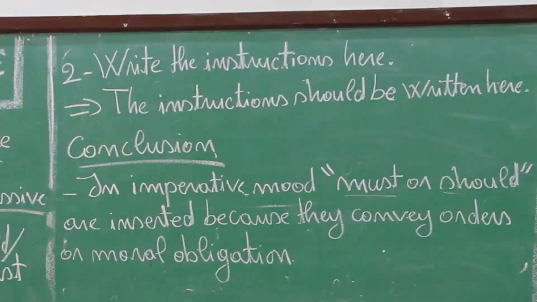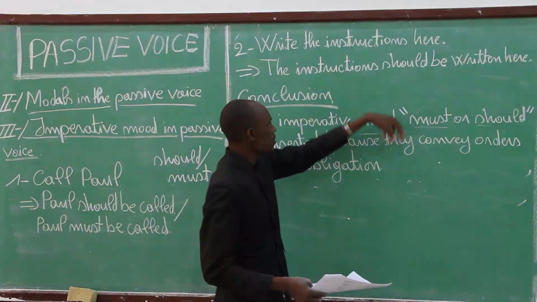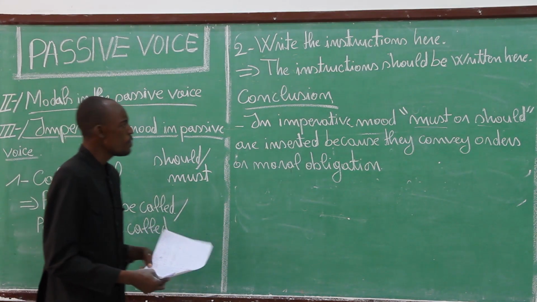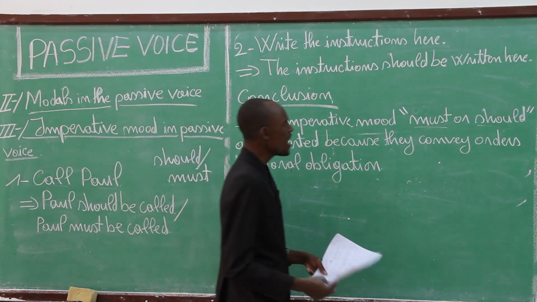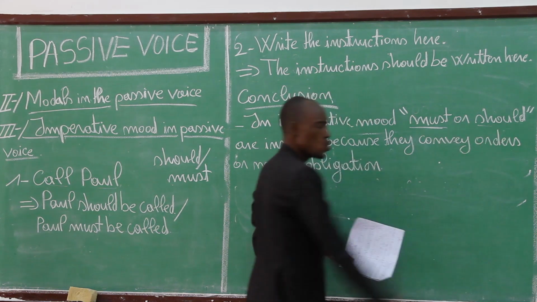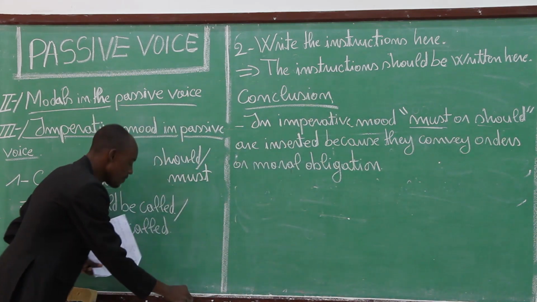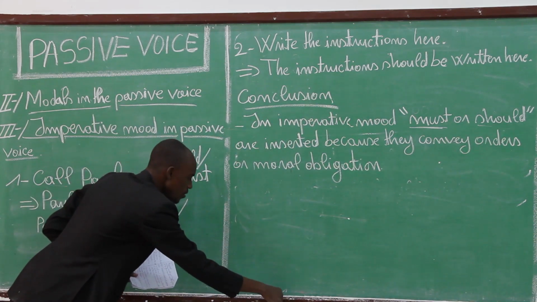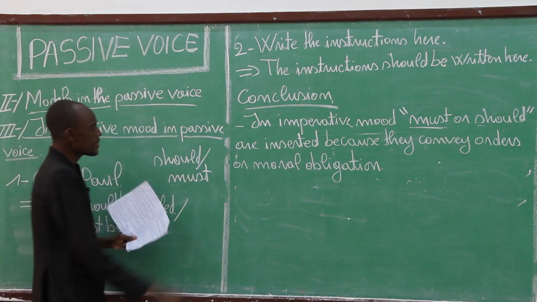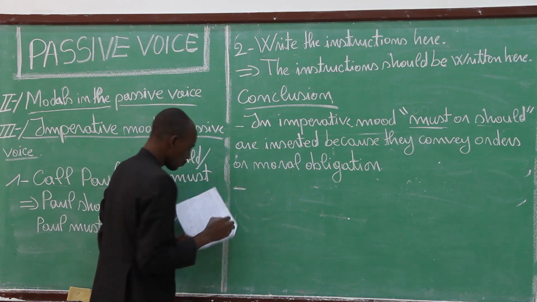We have "Call Paul," it is an order. "Write the instruction here," it is a moral obligation. And in passive voice, we have to use must or should, because they convey orders or moral obligation.